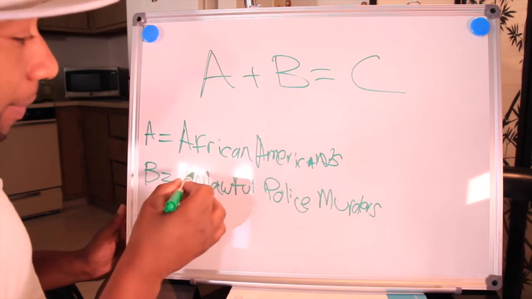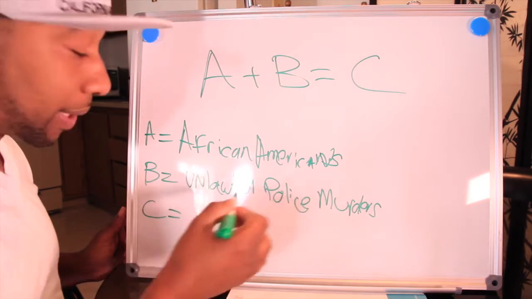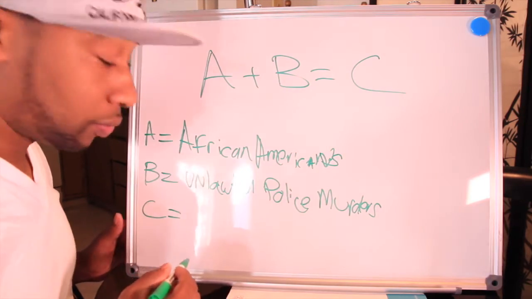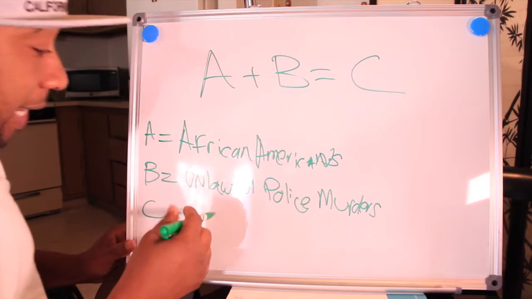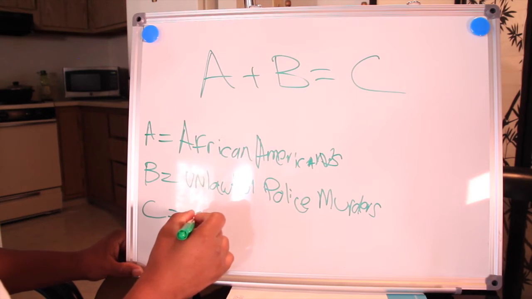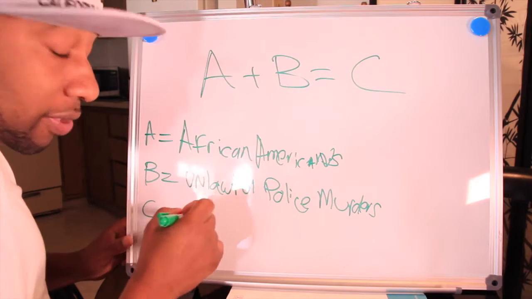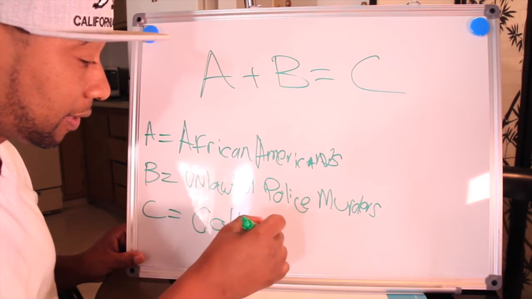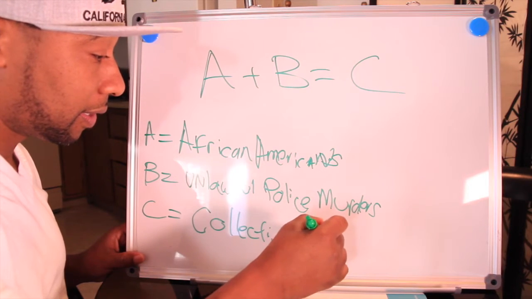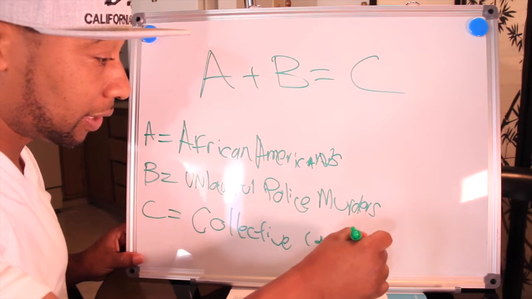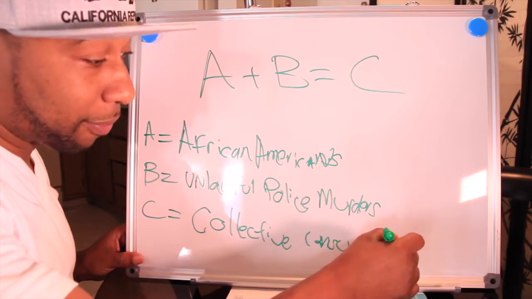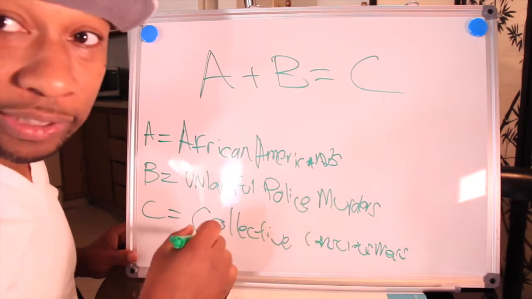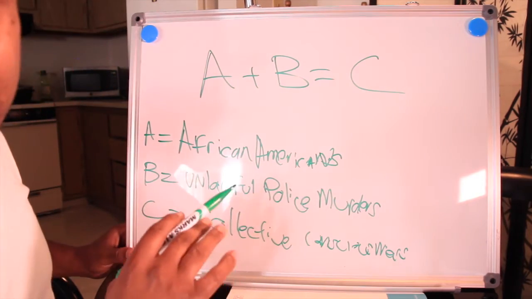So if we have black people, then we have police killing black people. What does that do? That gives black people or African Americans a collective consciousness. I'm writing at a weird angle, so I know that's going to be very hard to read, and my handwriting is terrible.